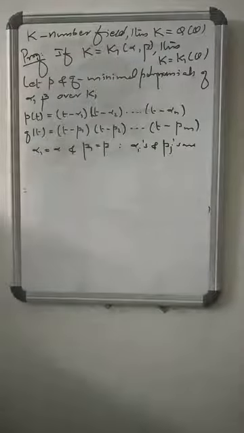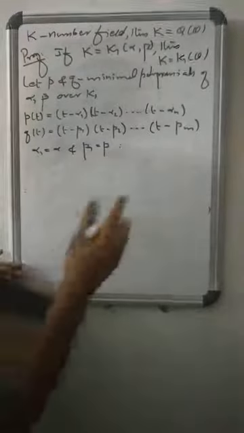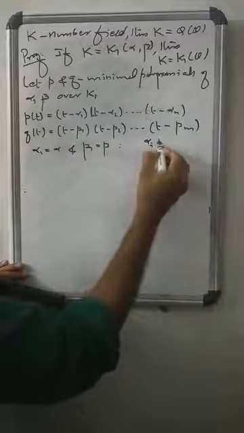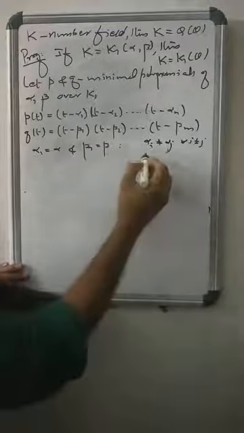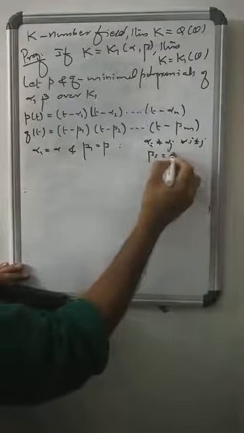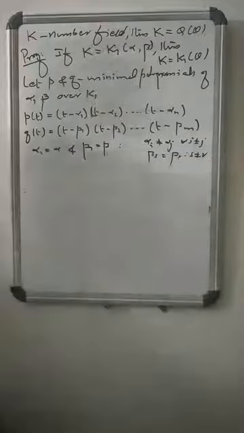That is, alpha i differs from alpha j for all i differs from j, and beta s differs from beta r for all s differs from r.